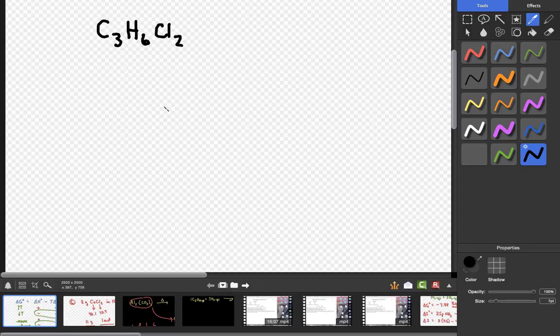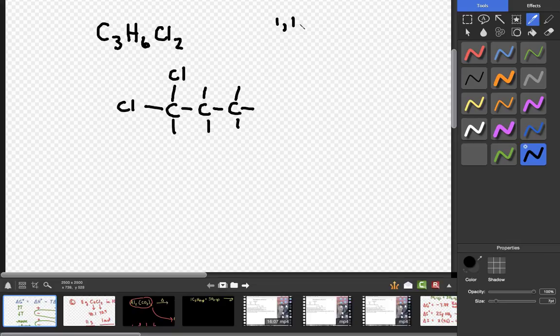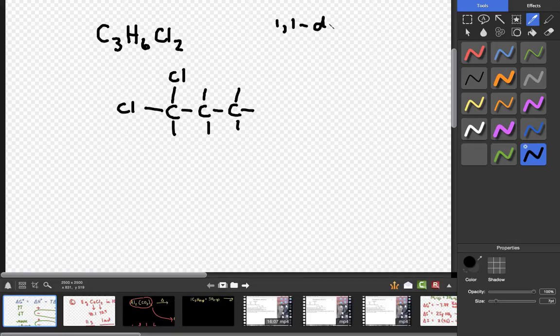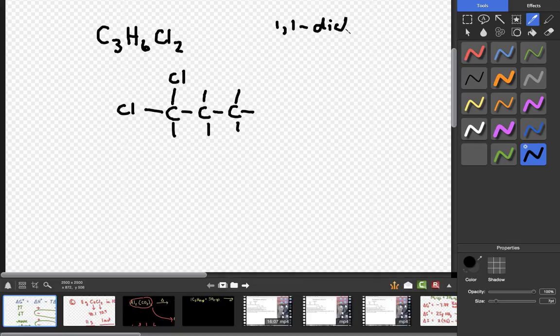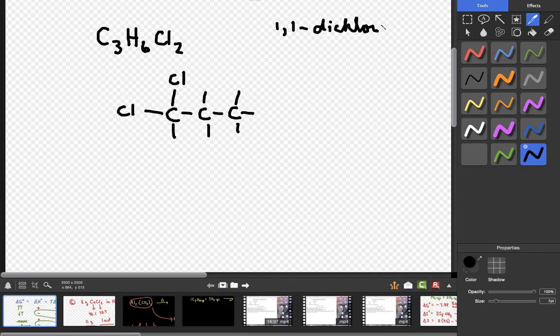So the C's have to be a chain. But I could put a Cl on one and also on one, and then hydrogens everywhere else. So that's a 1,1 dichloropropane.